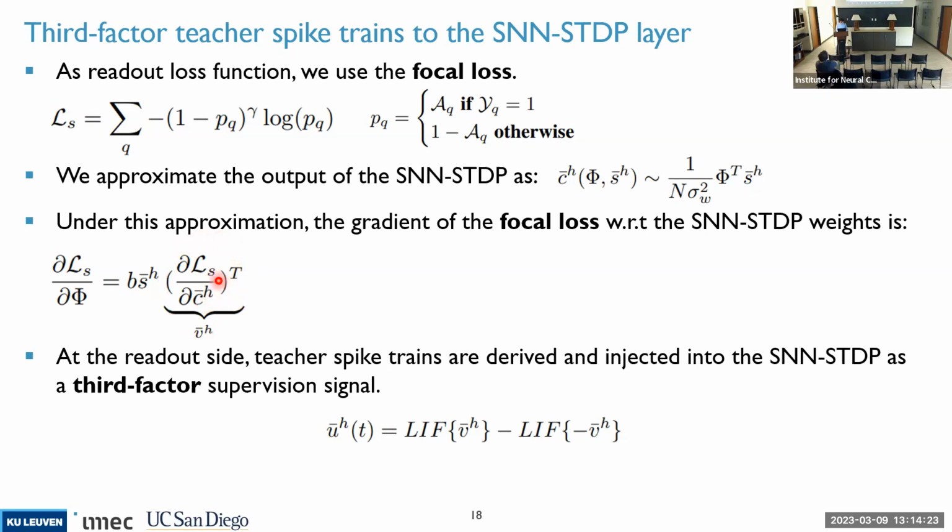This term can be fully computed at the readout side, then fed back in spiking format to the SNN side, and combined again using SCDP. You see the product between S and this term. We remember that SCDP acts a bit like the product of the mean values, and again we do that same trick here. So this term can be computed at the readout side and transformed into a spike train by simply feeding it to a pair of two leaky integrate-and-fire nodes. So this becomes a third-factor supervision.